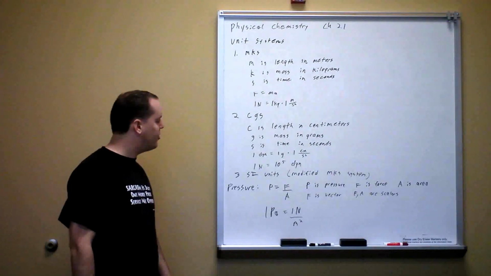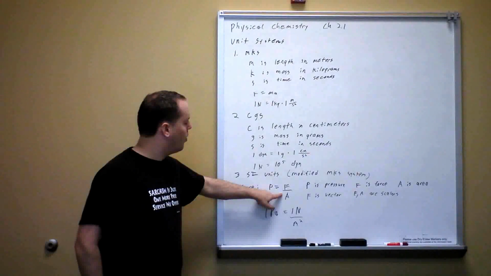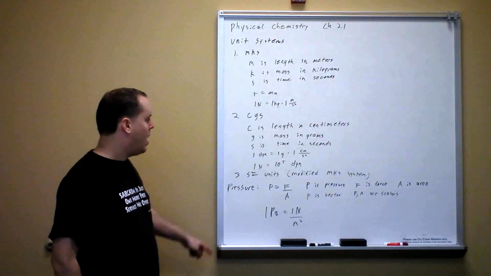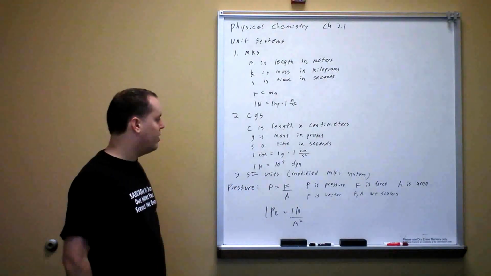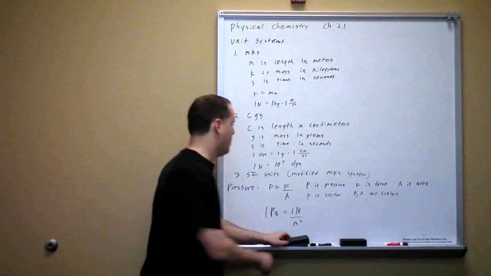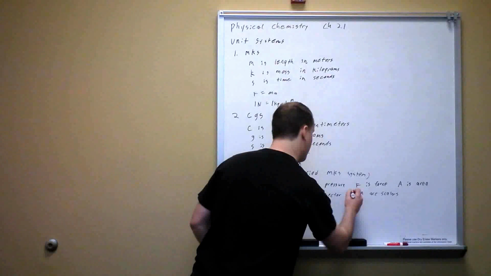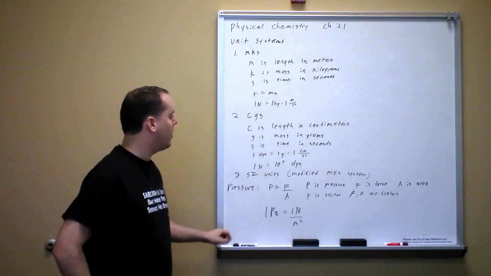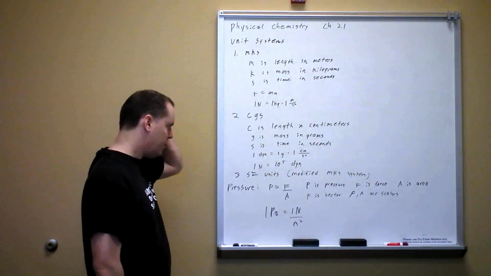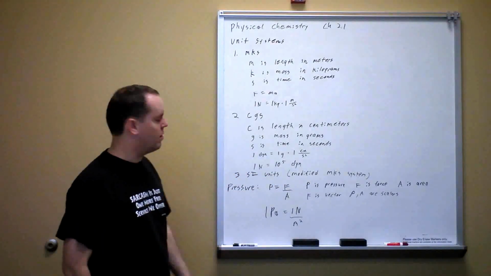Now we're going to start talking about pressure. Pressure is defined as force over area. Force is a vector, but pressure and area are scalars. You're probably wondering why I didn't do it as a vector.